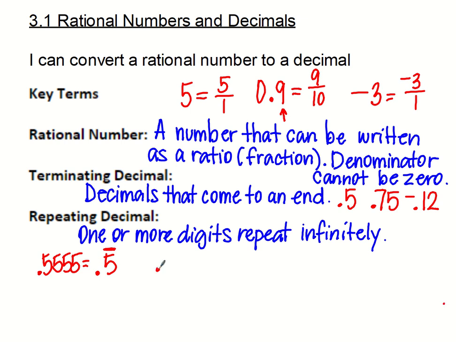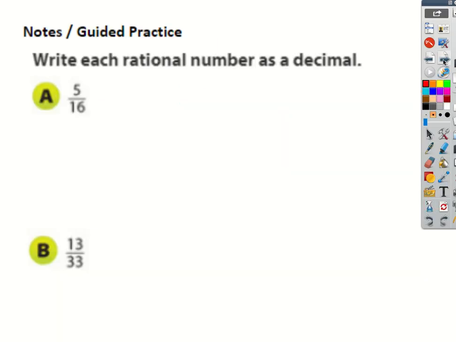It can be a pattern, so another repeating decimal might be 1, 2, 3, 1, 2, 3, 1, 2, 3, and so I would rewrite that as 0.123 and put the line over the digits that are repeating, okay? So some decimals, when you do the long division, when you're changing from a fraction to a decimal, some of them will come to an end, which would be terminating, and some of them will repeat, which would be repeating decimals.